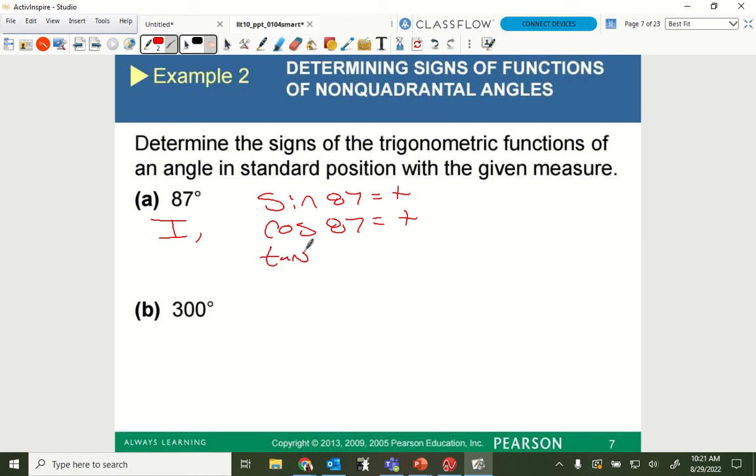Tangent is y over x, and in quadrant 1 that is positive. Next one's going to be cosecant. In quadrant 1, that's positive, right? Positive, and secant and cotangent.